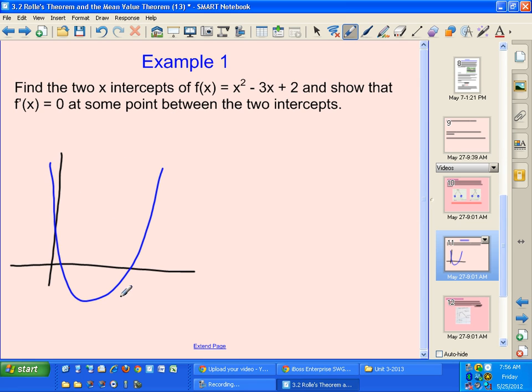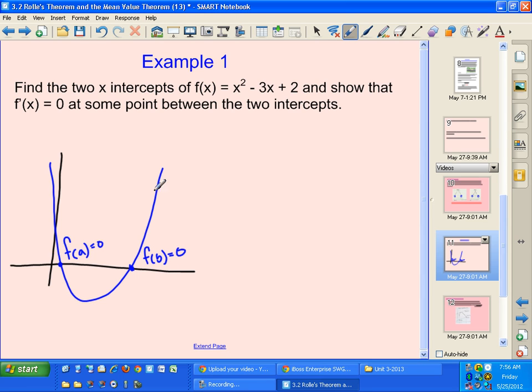So what we're looking for is the two x-intercepts. In this case, f of a is going to equal 0 and f of b is going to equal 0. They don't have to equal 0.